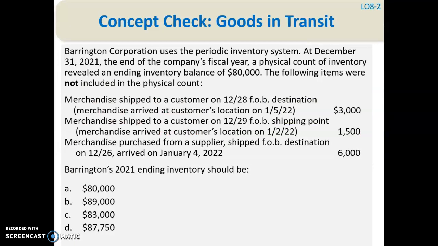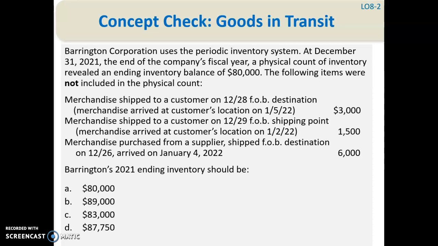Here's another concept check problem for you. Barrington Company uses the periodic inventory system. At December 31st, 2021, the end of the company's fiscal year, a physical count of inventory revealed an ending inventory balance of items on hand of $80,000.